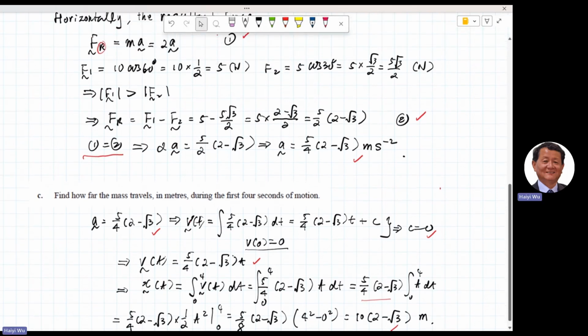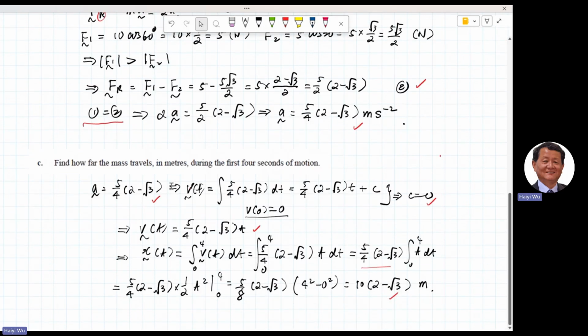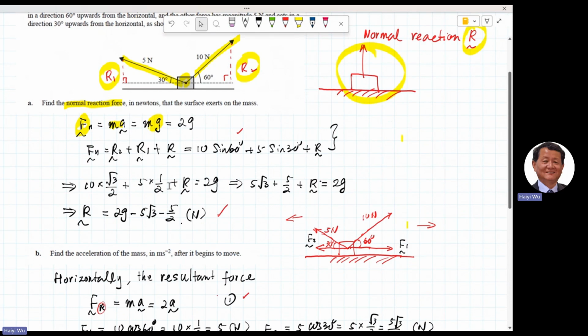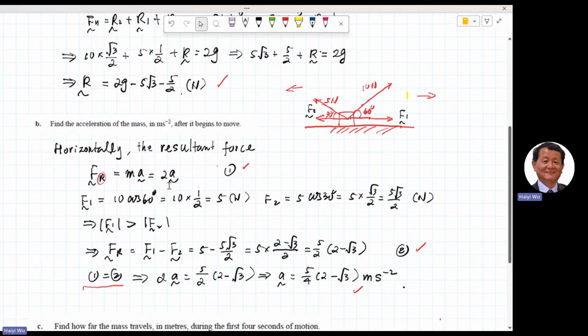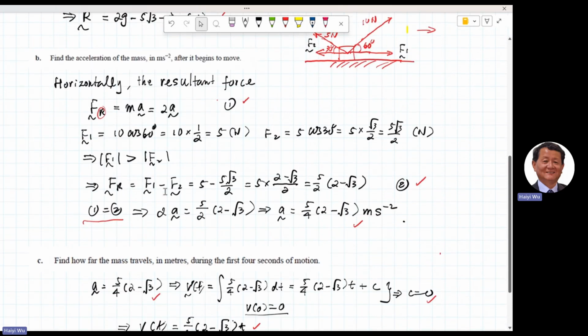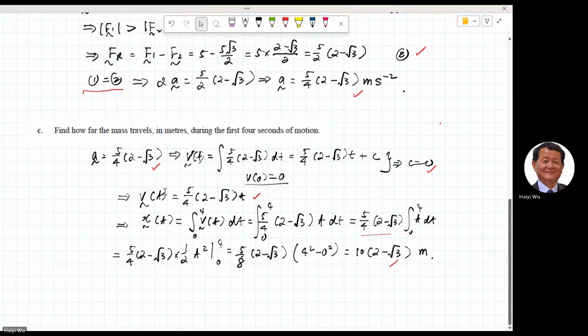That's how to solve a vector calculus question regarding normal reaction force, horizontal resultant force, and also the distance traveled. Some people may think you can use another method. That's method number 1.